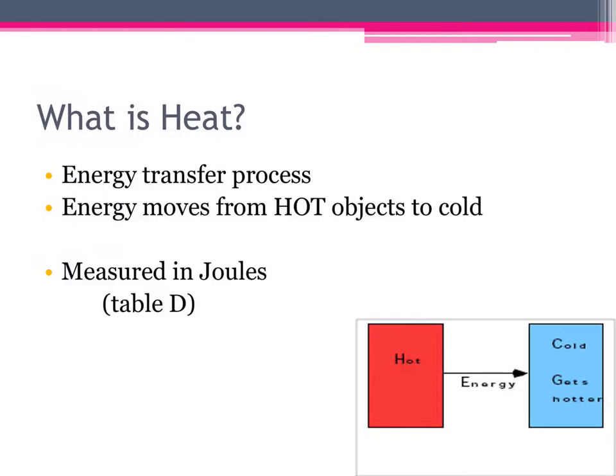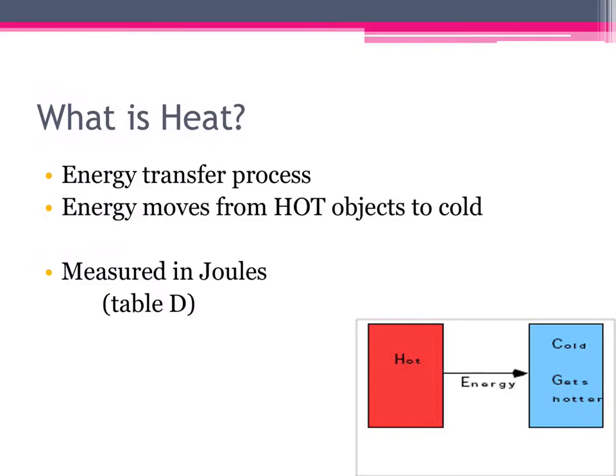And I know that energy is going to move from hot objects to cold objects. You know that if you touch something that's hot, you feel that warmth on your skin. You feel that heat transfer on your skin. So it's going from the object that's hot to your colder skin or your colder hand. And I measure this heat in joules, and if I forget what unit I measure things in, I can just go to Table D on my reference table.